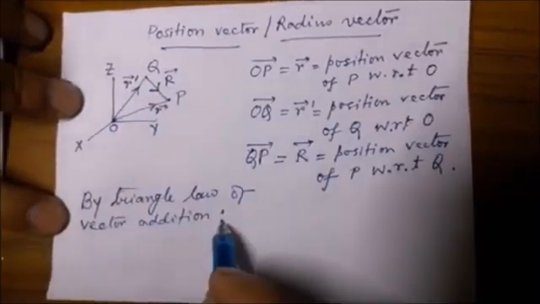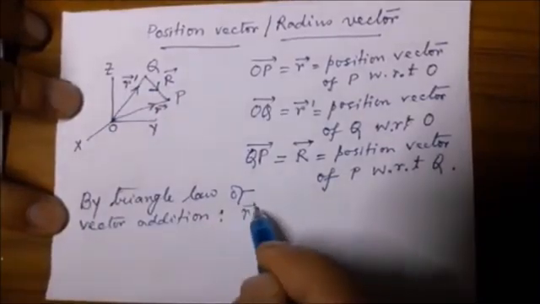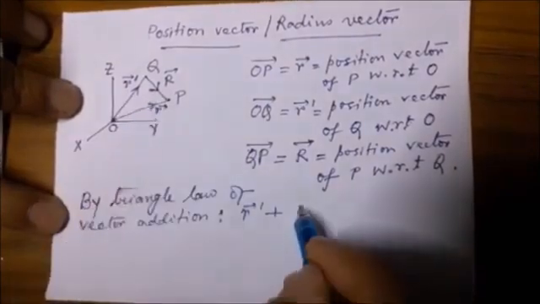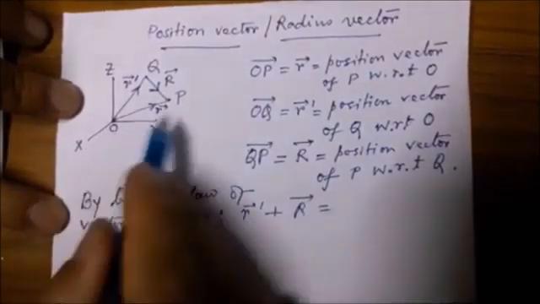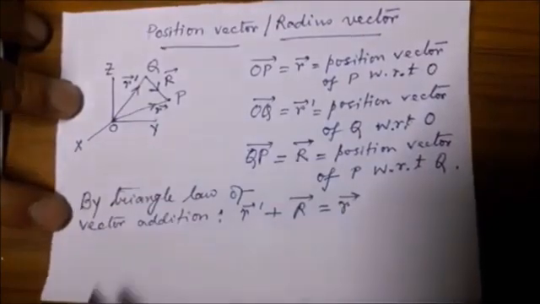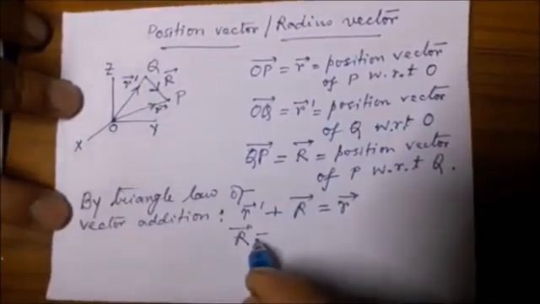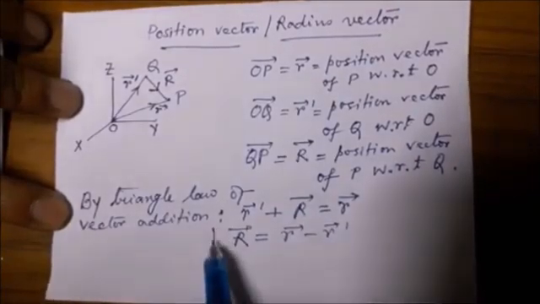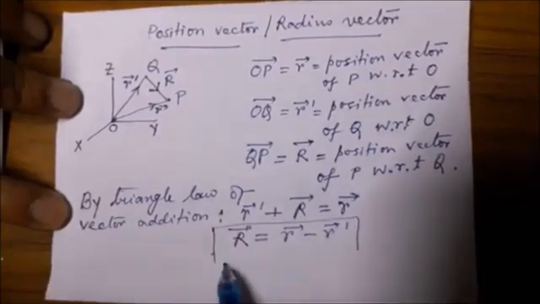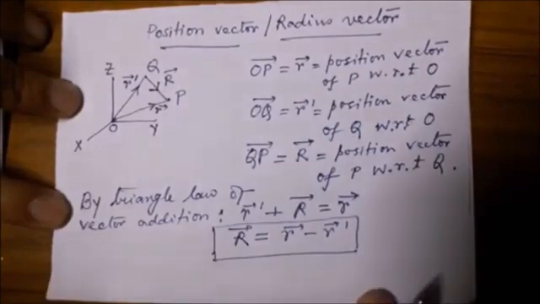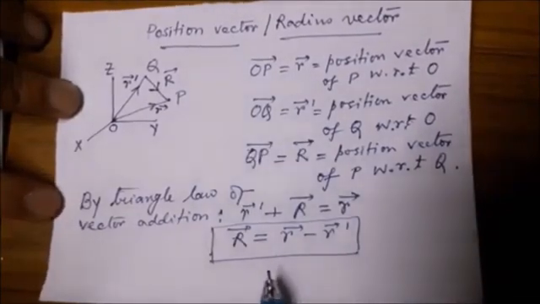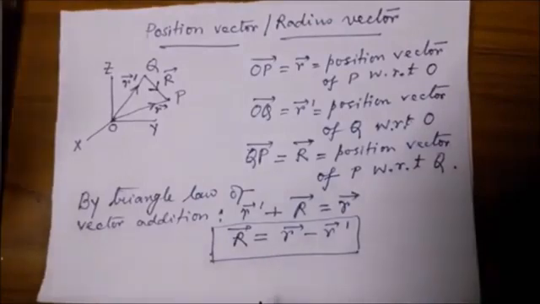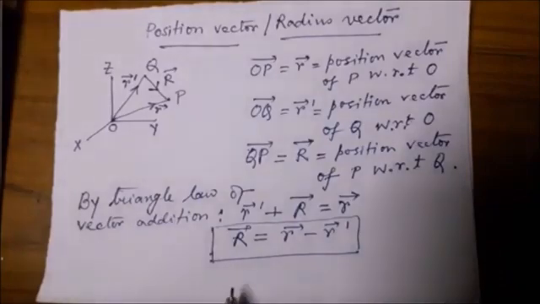And it is obvious that vector R prime plus vector R is equal to small vector R. So capital vector R is equal to R minus R prime. Now this is a relation that is widely used in physics. It is a very important relation, and I will give an example in this lecture regarding where it is used.